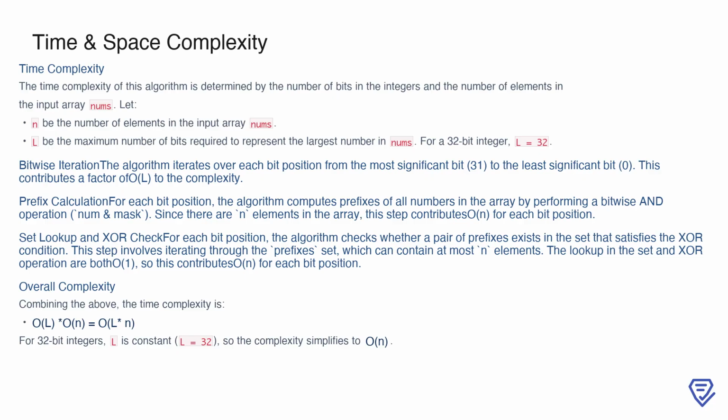This involves performing a bitwise AND operation on all n numbers, making this step O(n) for each bit. Additionally, the algorithm checks for pairs of prefixes that satisfy the XOR condition, which involves iterating through a set containing at most n prefixes. Since set lookups and XOR operations are constant time, this step is also O(n) per bit. Combining these, the overall time complexity becomes O(L*n). For 32-bit integers, L is constant, so the complexity simplifies to O(n).